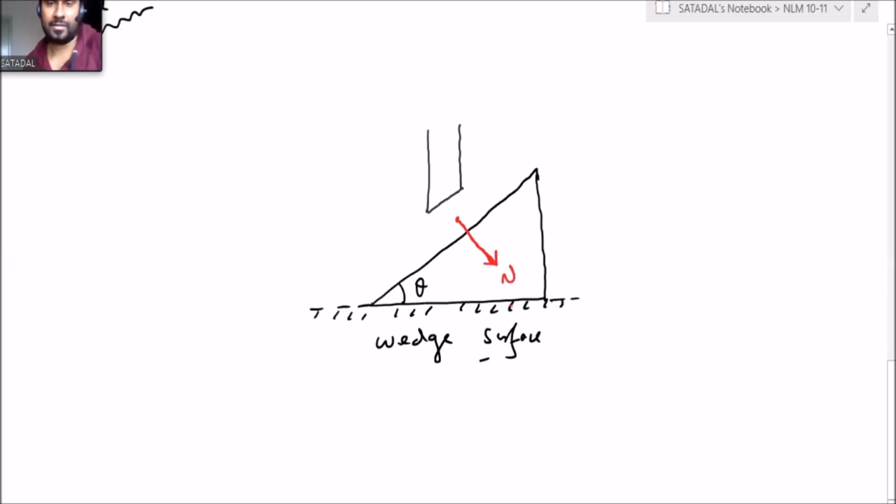This is N. So you see this N will have two components, one along X direction and another along Y direction. If this is theta, this is also theta. So this component is going to be N sine theta.